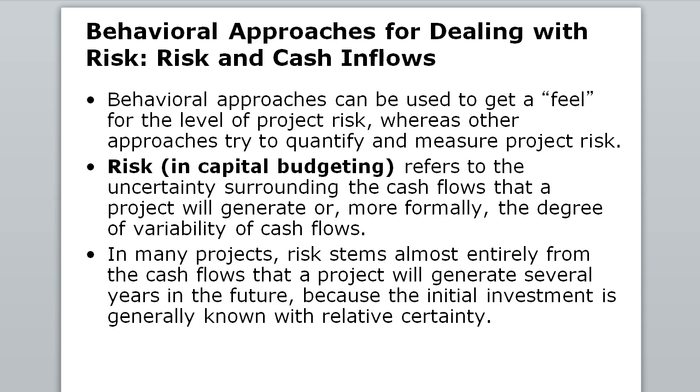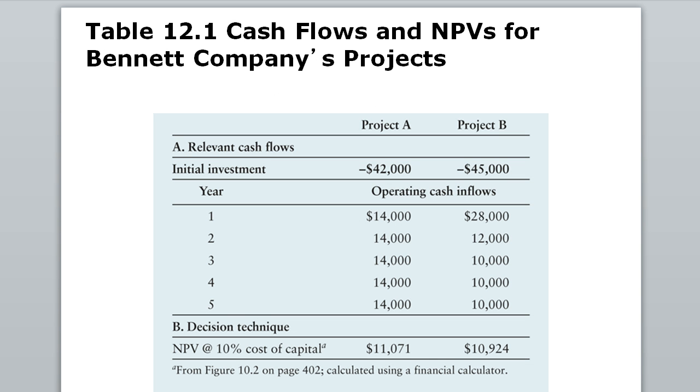Now, what if these projects are of different risk? Of these two projects, if Project A happened to be much riskier than Project B, and we're only talking about a small difference between the two projects, then we probably should go with the less risky project.